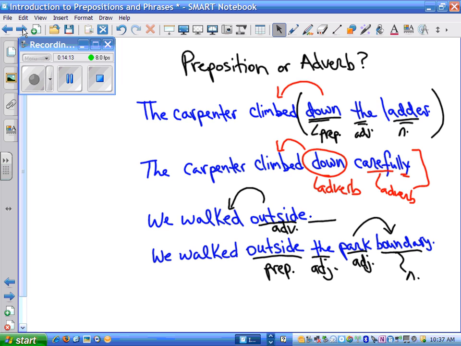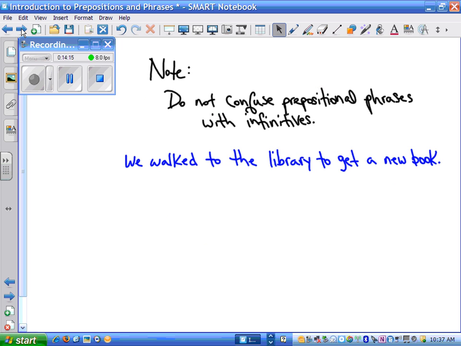One final note, and this is with that preposition to. That word to, when it's next to an action verb, like to plus, let's put the pattern up there.